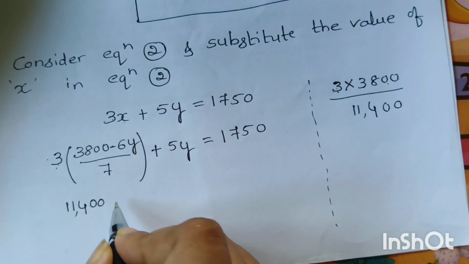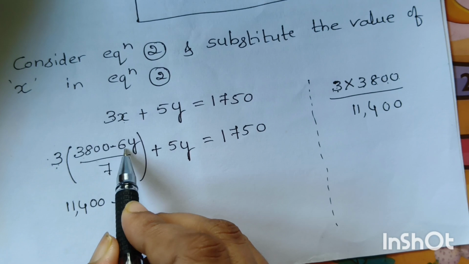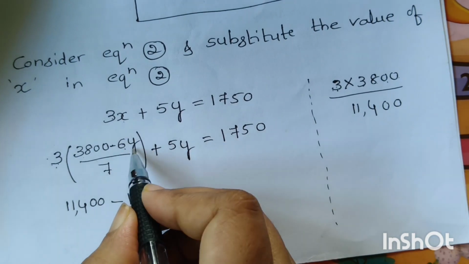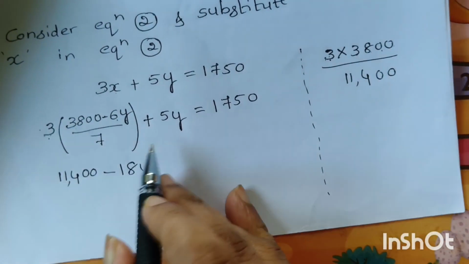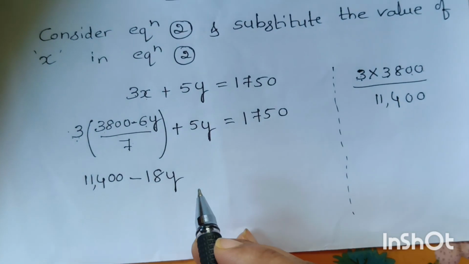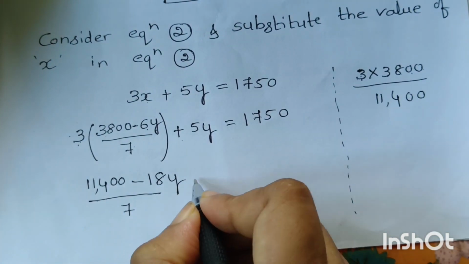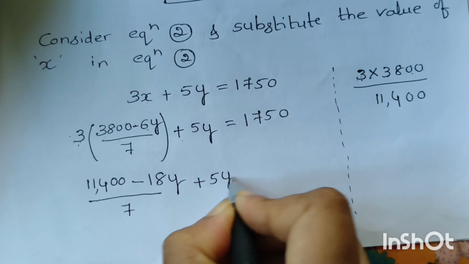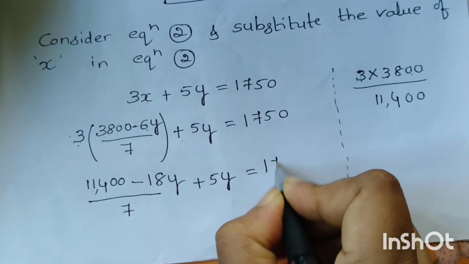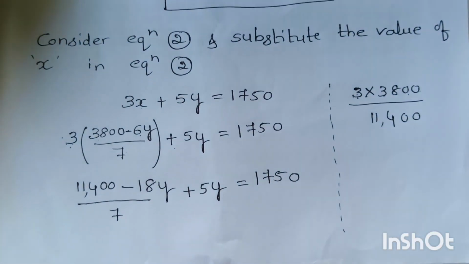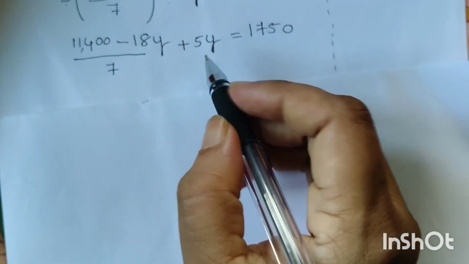Plus into minus is minus. 3 sixes are 18, into y, divided by 7, plus 5y is equal to 1,750. Now look at this.